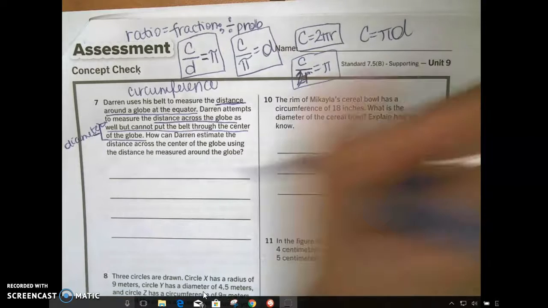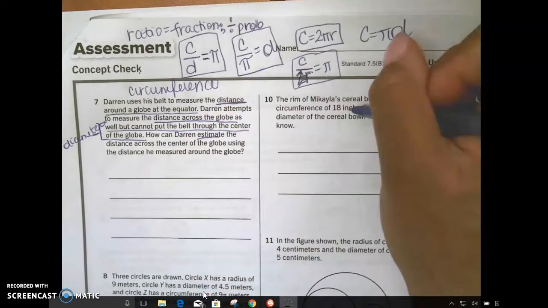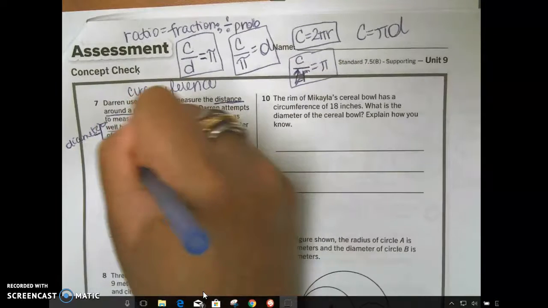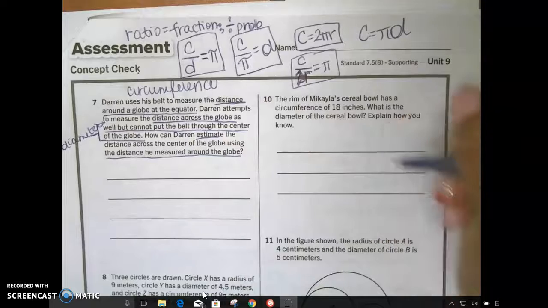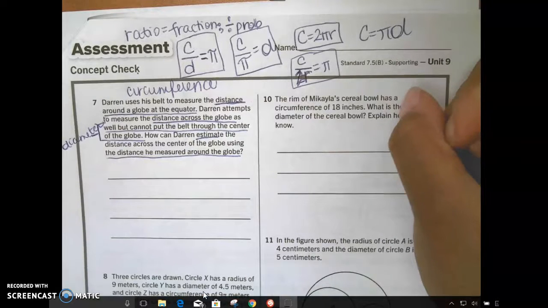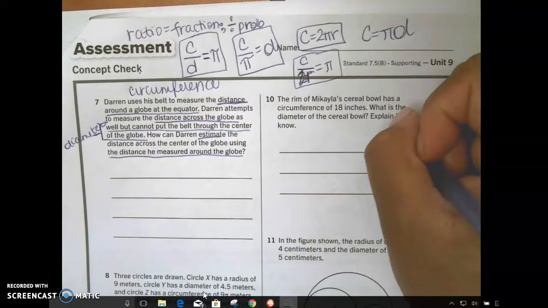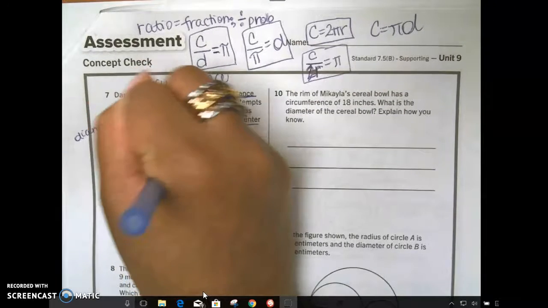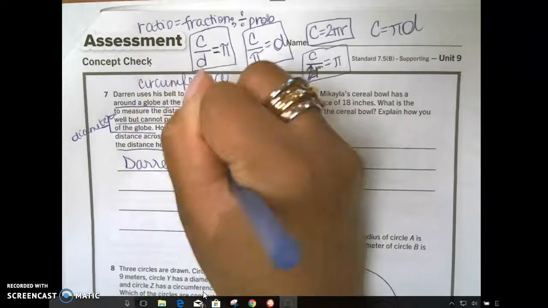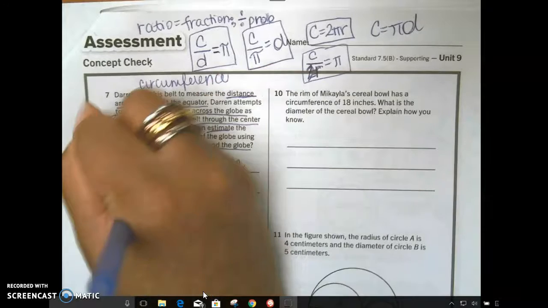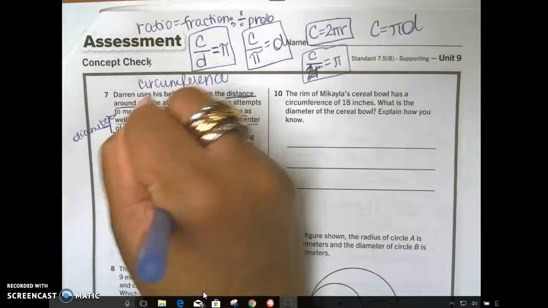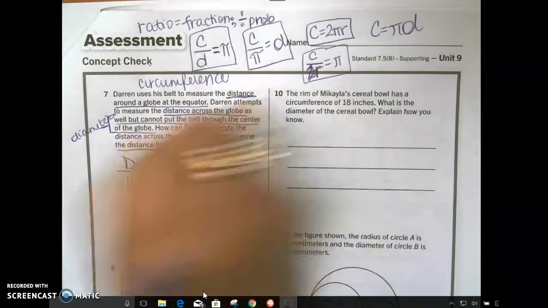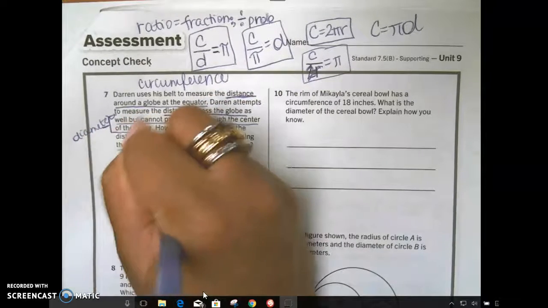How can Darren estimate the distance across the center of the globe using the distance he measured around the globe? Yes, Darren can take the circumference and divide it by pi and get the diameter, which is about... He can take the circumference and divide by pi.